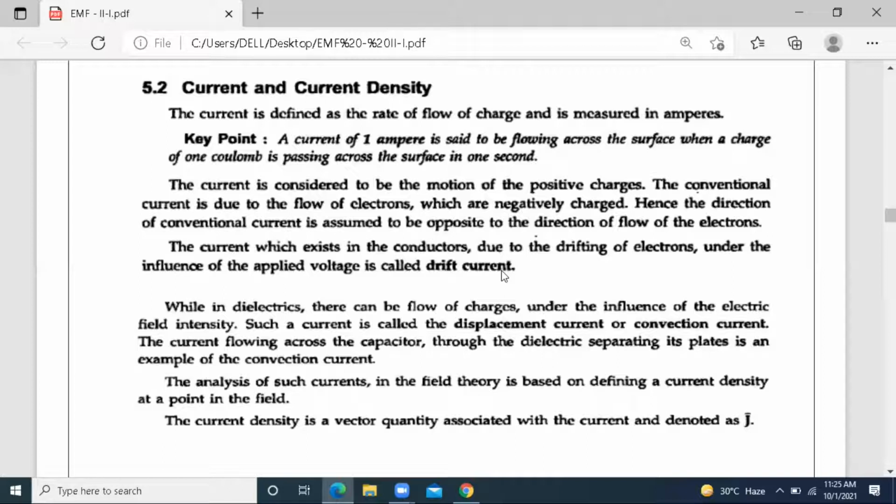So if you put your ammeter in that path, it will register current. But there is no conductor that these electrons are flowing through.